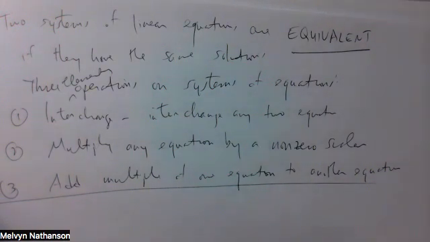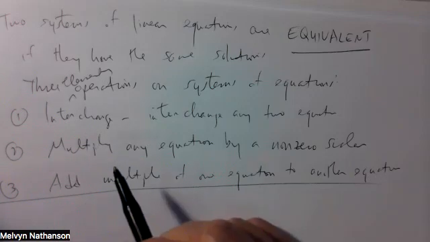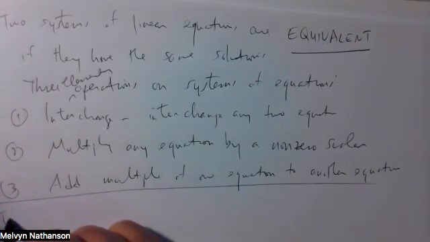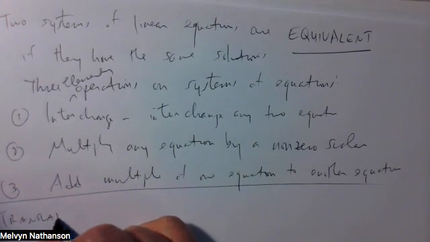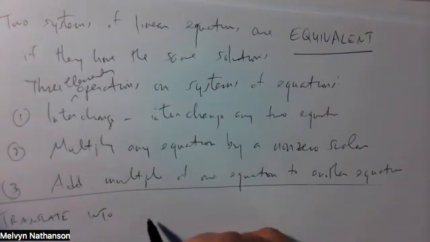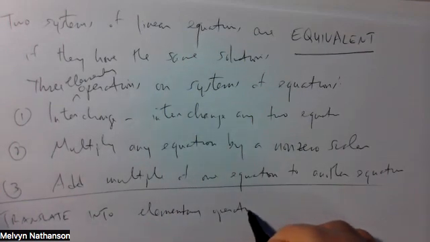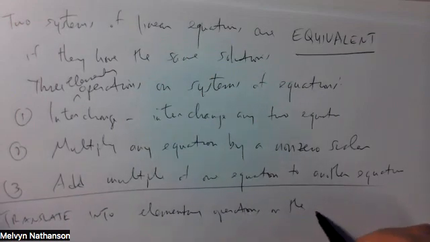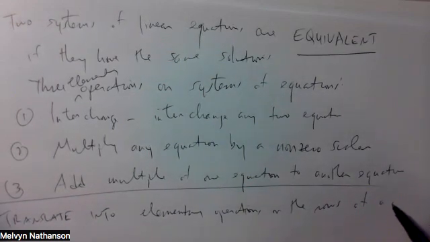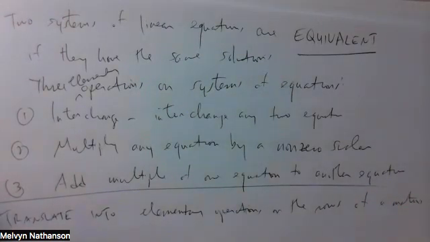Now, suppose you take your system of equations and you write it in matrix form. So let's translate this into elementary operations on the rows of a matrix.